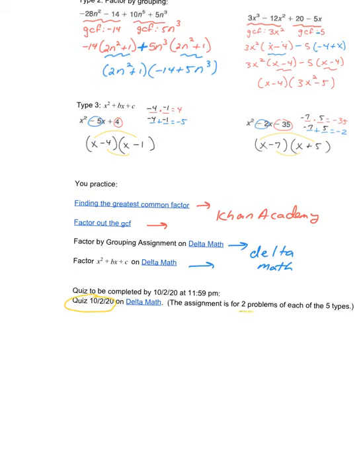I have assigned 2 problems for each of the 5 types. So once you do 2 problems of the first type, you want to go on to the second skill and do 2 problems of the second type. And so on until you have all 10 problems done from each of the 5 types.